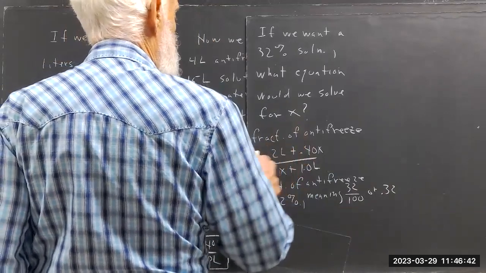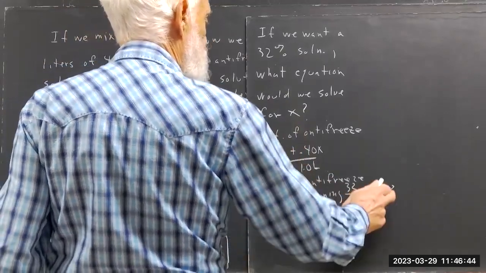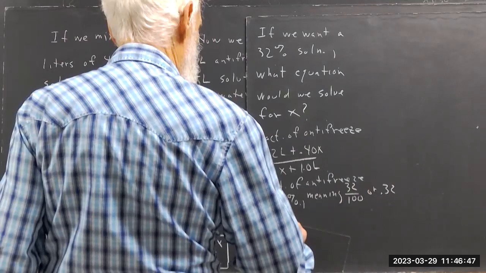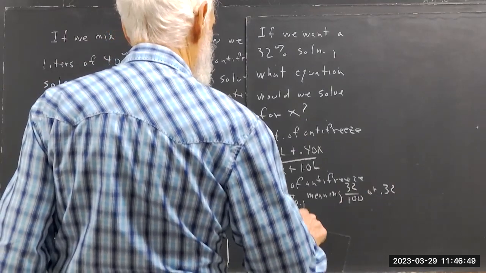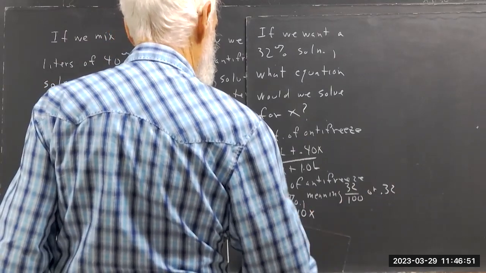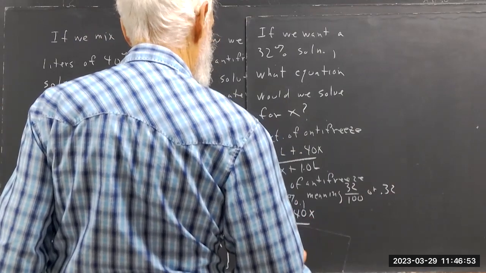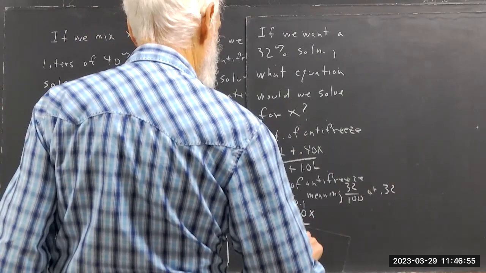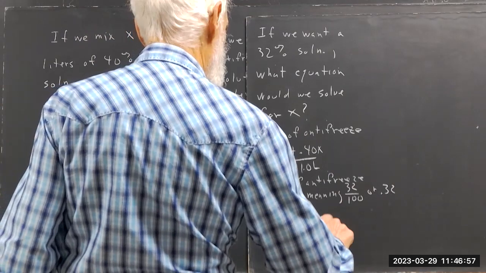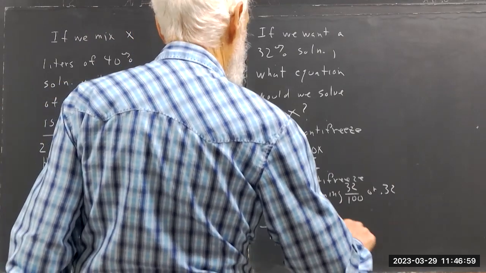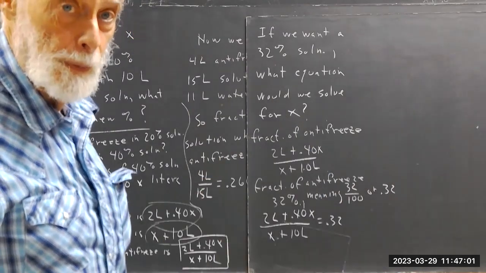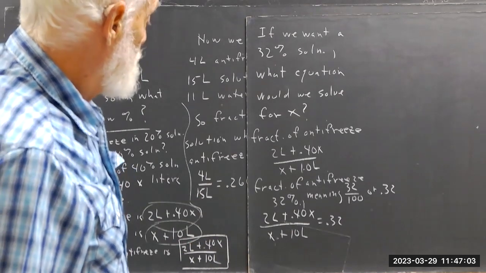So if the fraction of antifreeze is this, and the fraction of antifreeze is this, then this plus this is 0.32, and all we have to do is solve the equation. The equation is easy to solve.